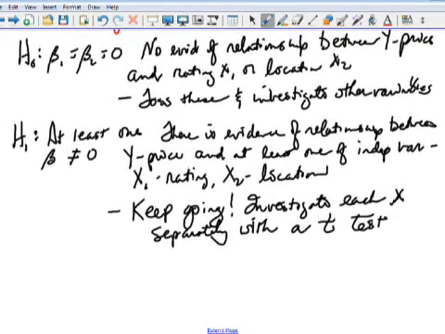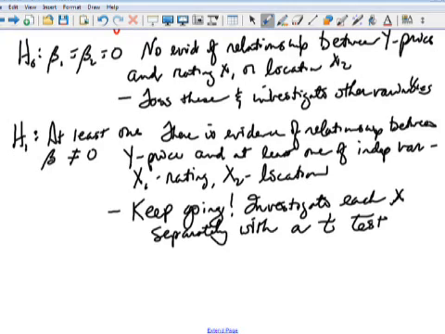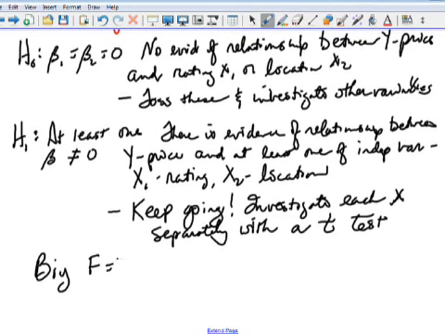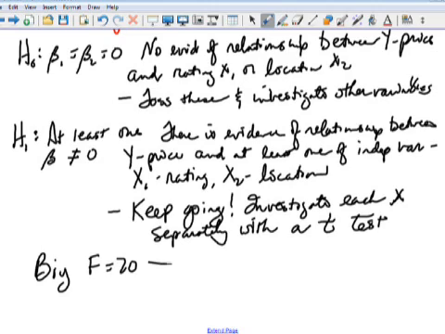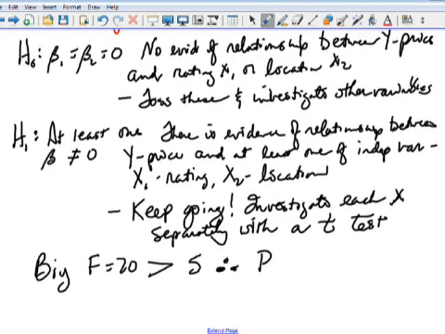Anything more than about 5, big F, we will reject. So let's write that in a shortcut fashion. Big F equals 70, greater than our rule of thumb of about 5. Therefore, reject, which means, of course, keep going.